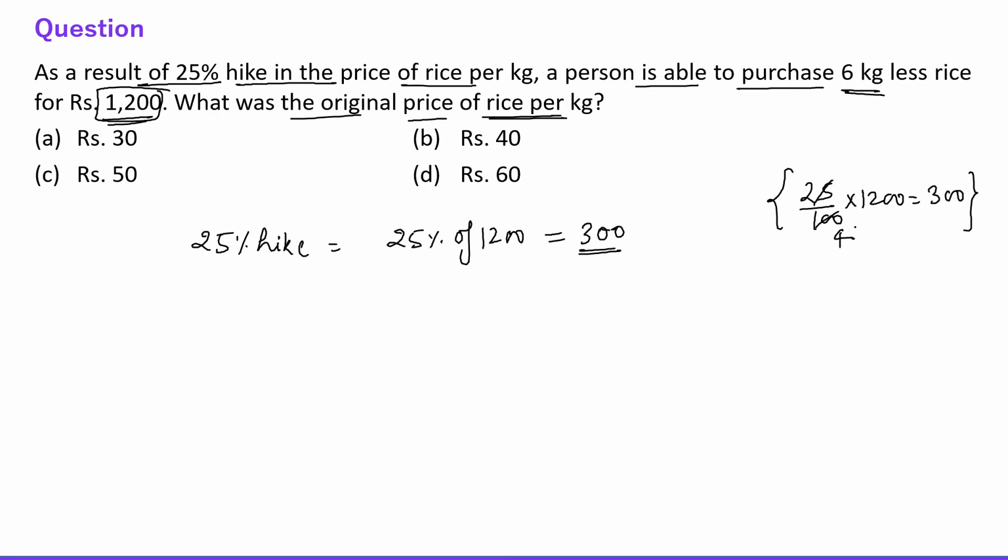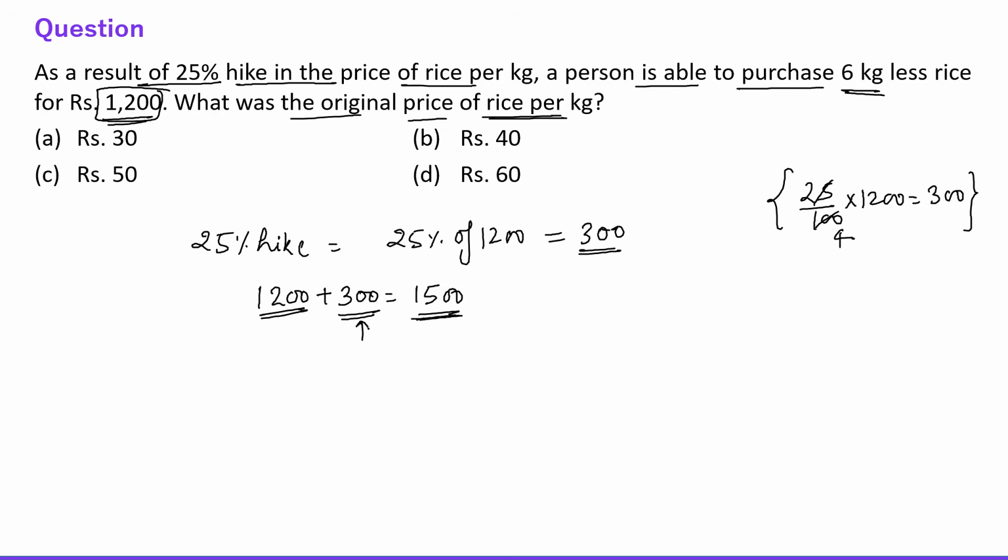This is 1/4. So today, friends, please listen to me carefully. This is 1500 now. So earlier the quantity which was available for rupees 1200 is now available for rupees 1500 because there is a hike of 25% which is 300.